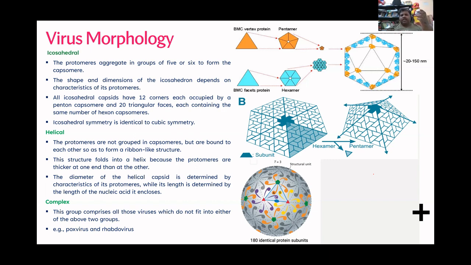This is how icosahedral symmetry can be made from two different types of shapes. One is a pentamer, and another one is a hexamer, as shown in the figure. You can see this is called the pentamer, which I have just shown you, and there can be a hexamer as well. A hexamer is made up of 6 different facets of the protein. I'll show you a little more complex capsid so that you can understand the icosahedron. So this is the icosahedron of a Zika virus.